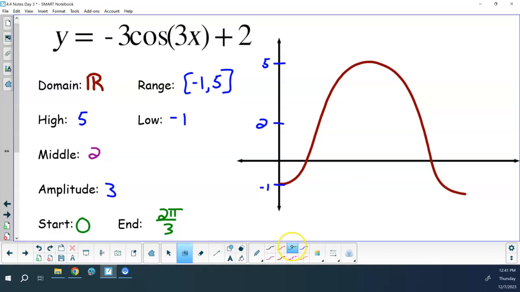Horizontally, we started at 0 and ended at 2 pi over 3. What's our halfway point? Pi over 3.